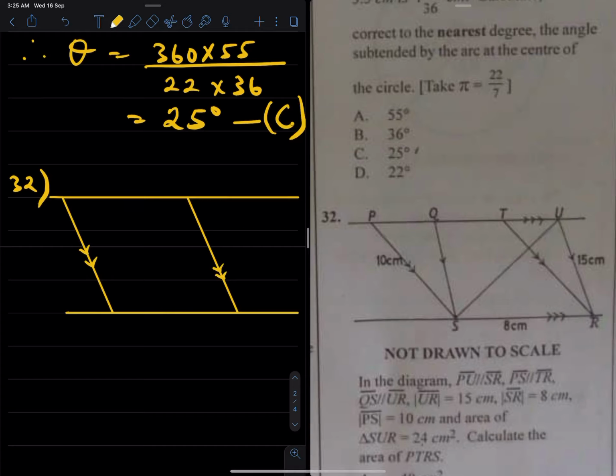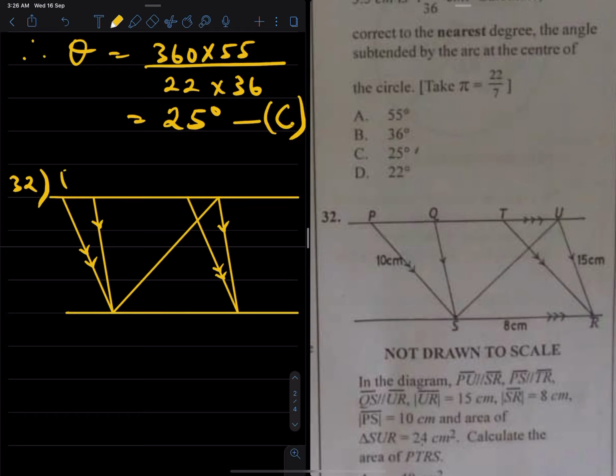Now we have another line here, which are both parallel to each other. And now there's one more line here.